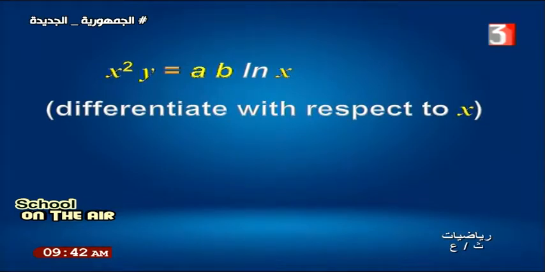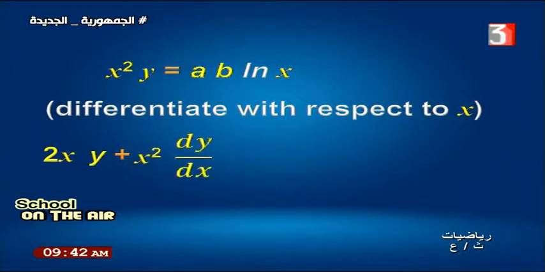Then the derivative of x power 2 is 2x multiplied by y plus x power 2 multiplied by the derivative of y with respect to x, which equals dy/dx.